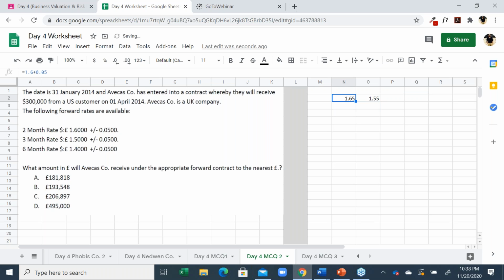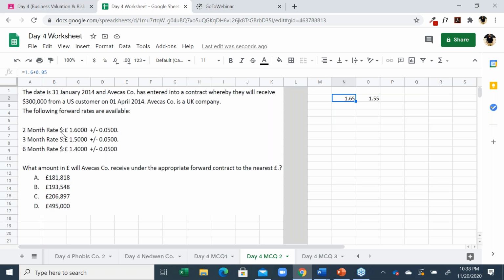So these are the two rates. And we have US dollars. The rate is in US dollars, but we want to convert it into pound sterling. So what should we be doing, dividing or multiplying? The rate is in dollars, and we are converting it into pound sterlings. So we must divide.